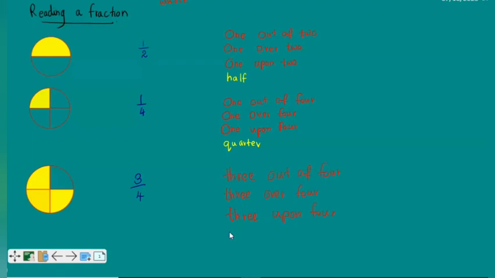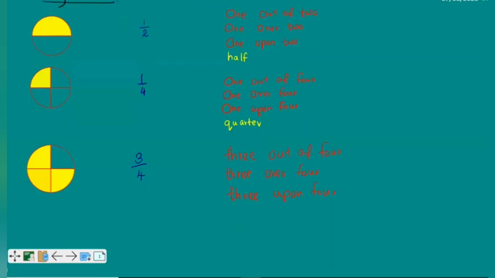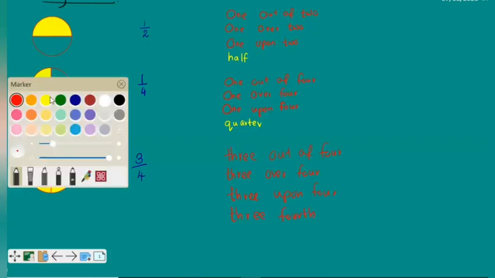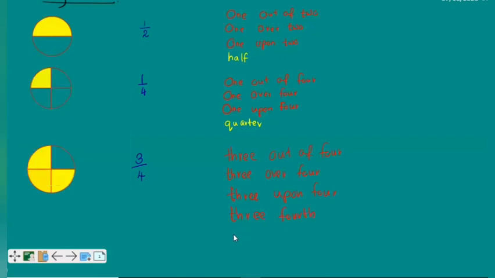Okay, another way is 3/4. It is also said as 3/4. Right? Then the other way is 3/4.